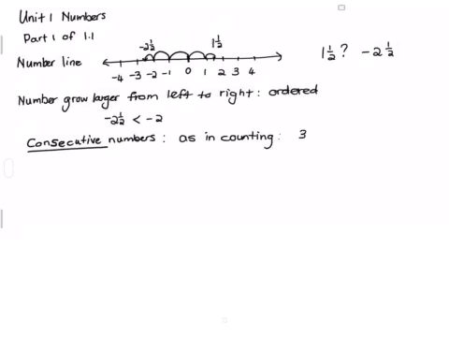For instance, 3, 4, 5, 6, etc. Just remember that if you start at a negative, then you've got to keep going forward. Negative 10, negative 9, negative 8, negative 7, etc. So keep going left to right.